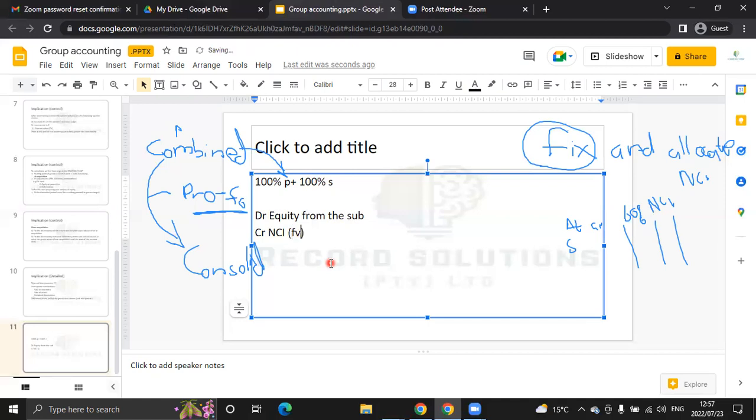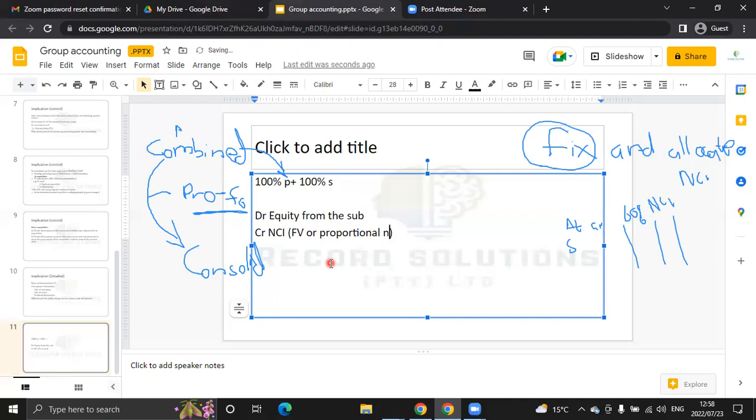So they can give you the fair value, and say it's measured at fair value. So that's simple. Just take the fair value they gave you and credit it, right? Say NCI, or it will be at the proportional, right?